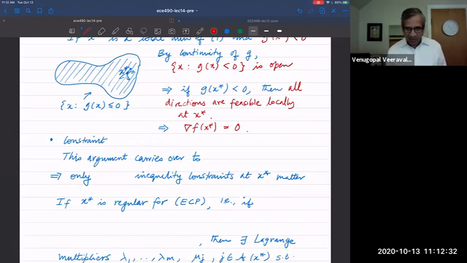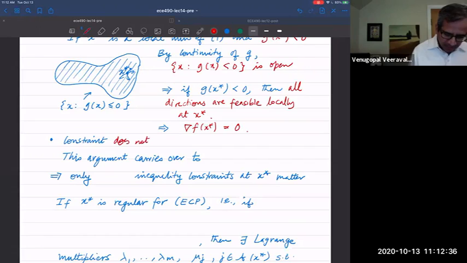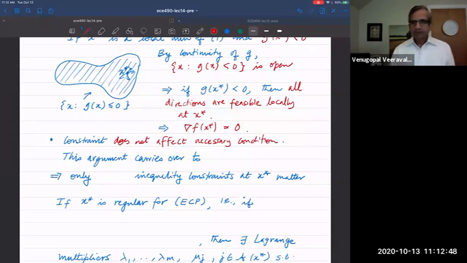So the constraint does not affect the necessary condition. We could basically, in that case, ignore the constraint in getting an equation for x star. It's just the gradient of f that matters.